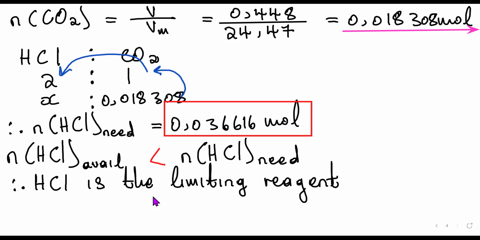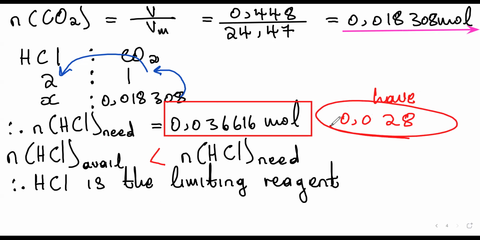But we realize that we are only given 0.028 of hydrochloric acid. This is what we have, but this is what we need.